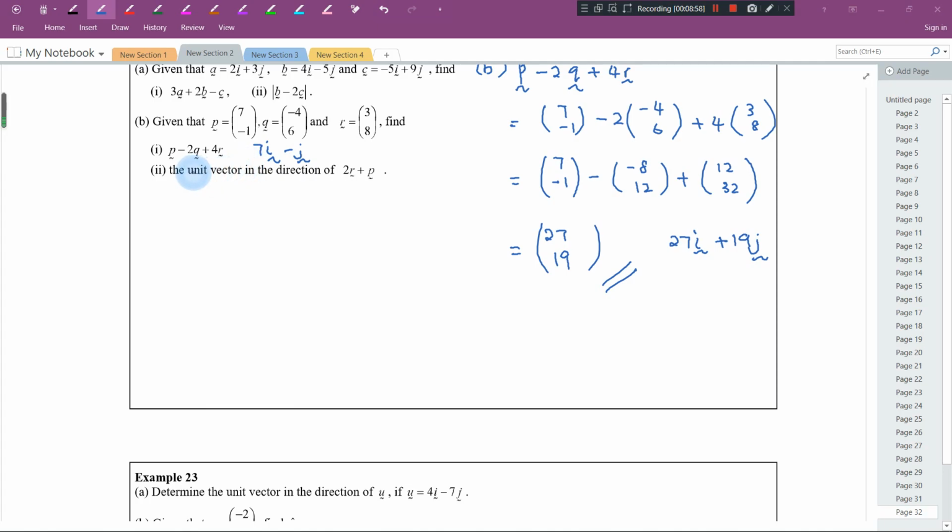We want to find the unit vectors in the directions of 2R plus P. So first we need to get the magnitudes.